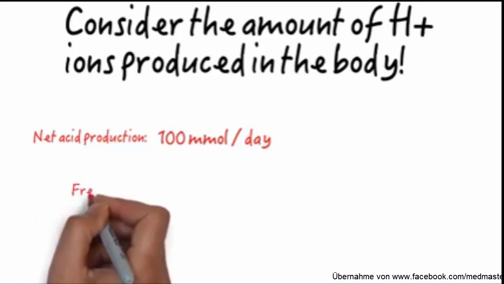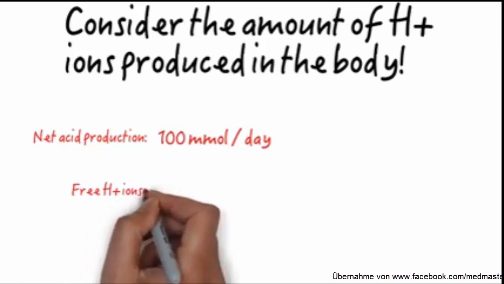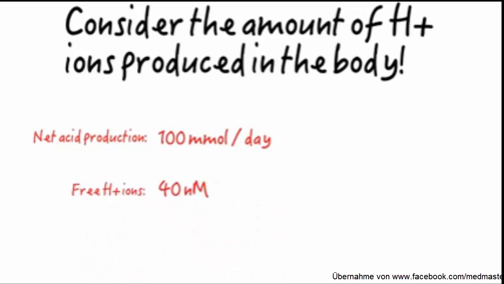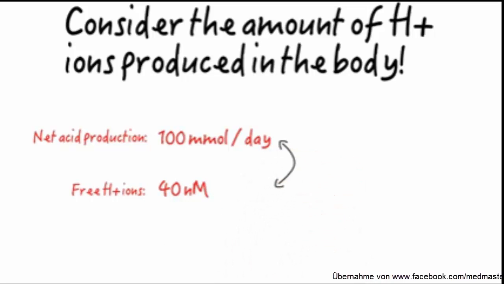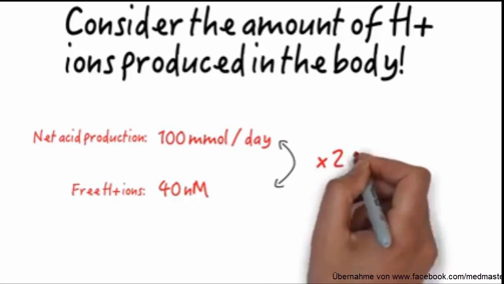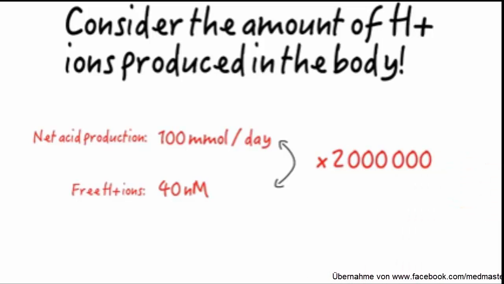As we said before, the concentration of free hydrogen ions is in the range of 40 nanomoles. So the difference between the acid production of 100 millimole and the concentration of free hydrogen ions of 40 nanomole is in the range of 2 million. That's what the body has to accomplish each and every day.